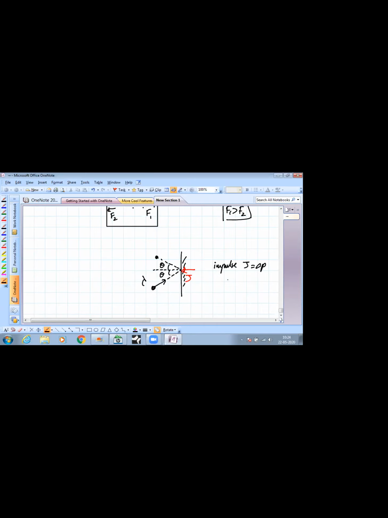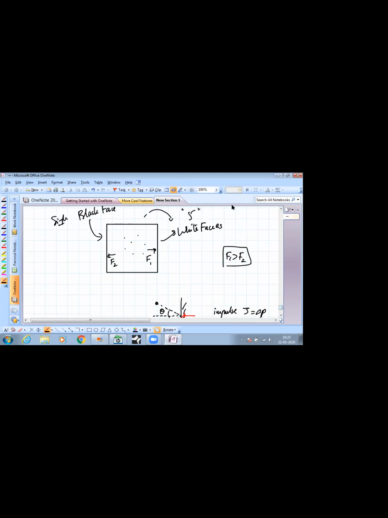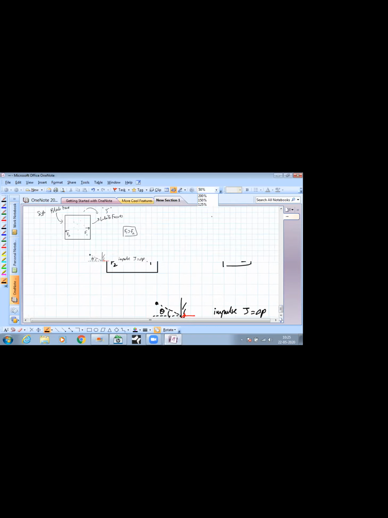So that impulse is equal to how much? It is 2 times h by lambda cos theta in the case of reflection. Whereas in the case of absorption, it doesn't reflect, so the normal component of impulse becomes this much. Okay. So that is why you can see that there is more force in this compared to this. Okay. All right.